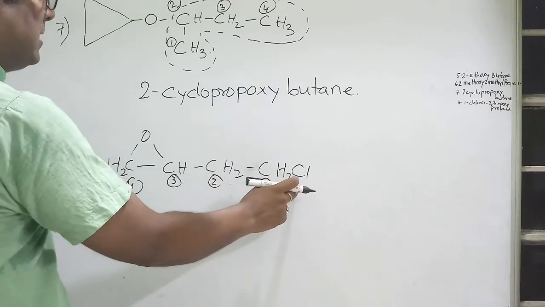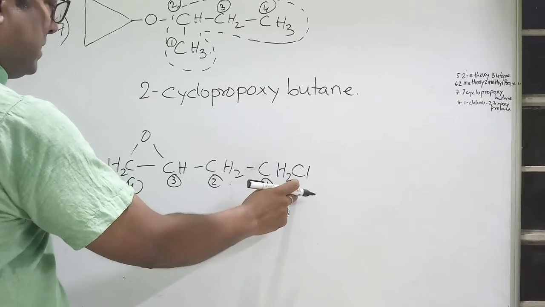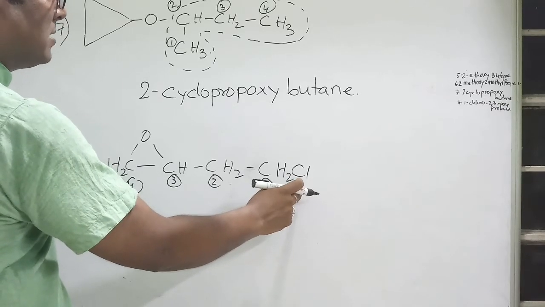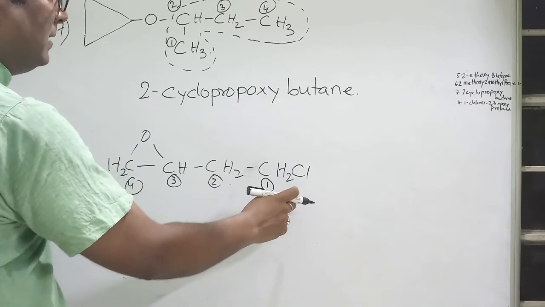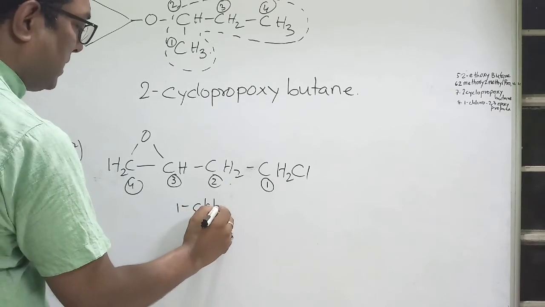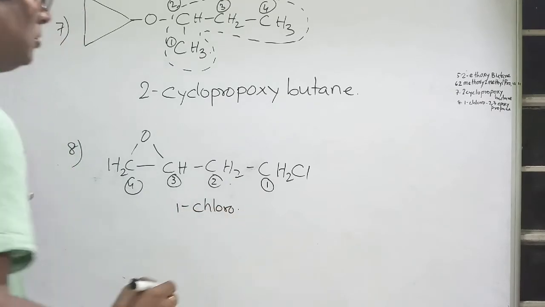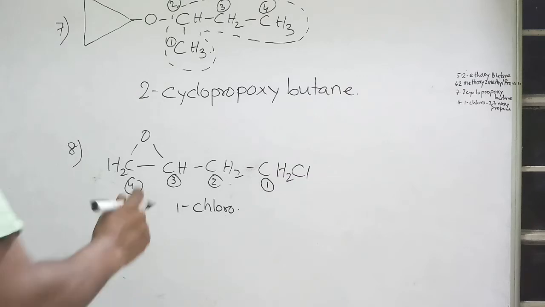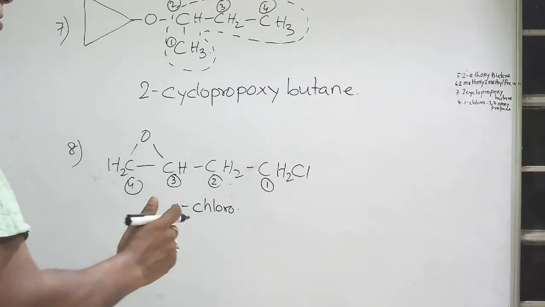So here you can say it has 1-chloro. You can see this written as 1-chloro. And this is the third and the fourth.